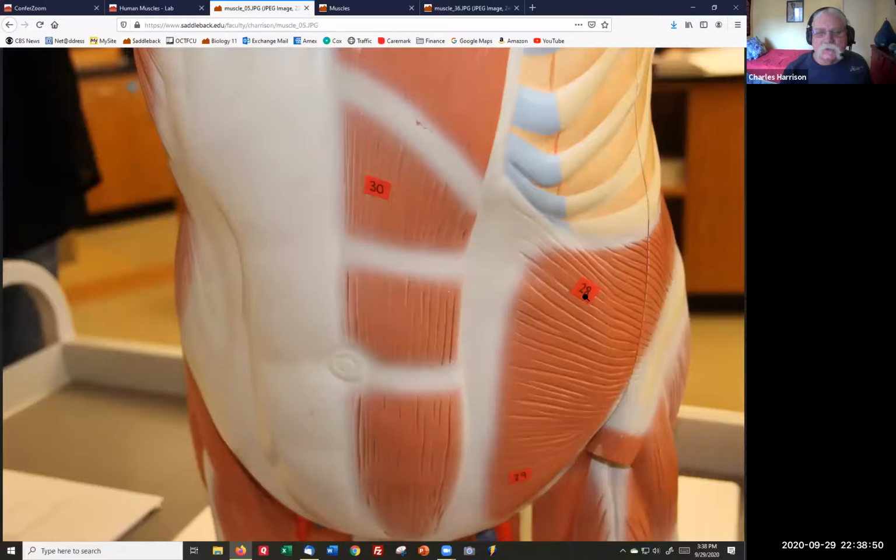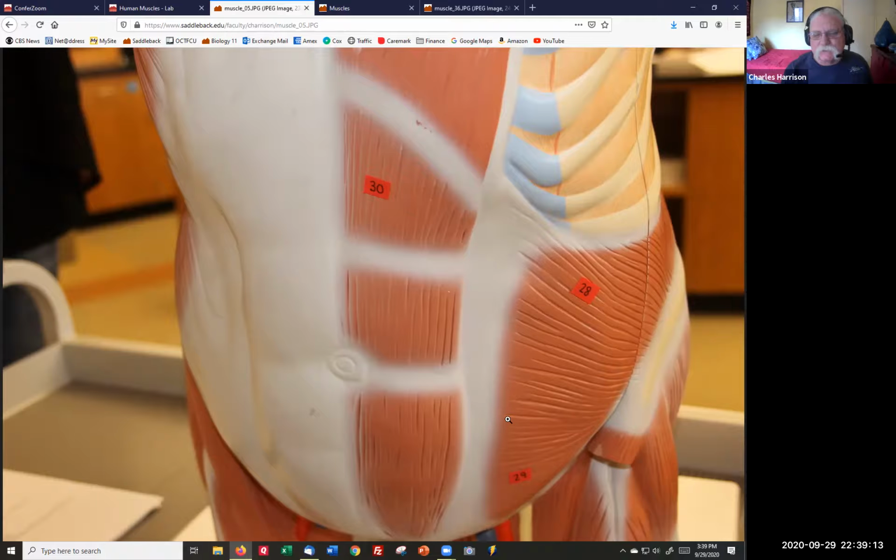28 is the internal oblique. In the internal oblique, the striations run lateral to medial, but they go upward. And then we have transverse abdominis, 29, that go roughly straight across.